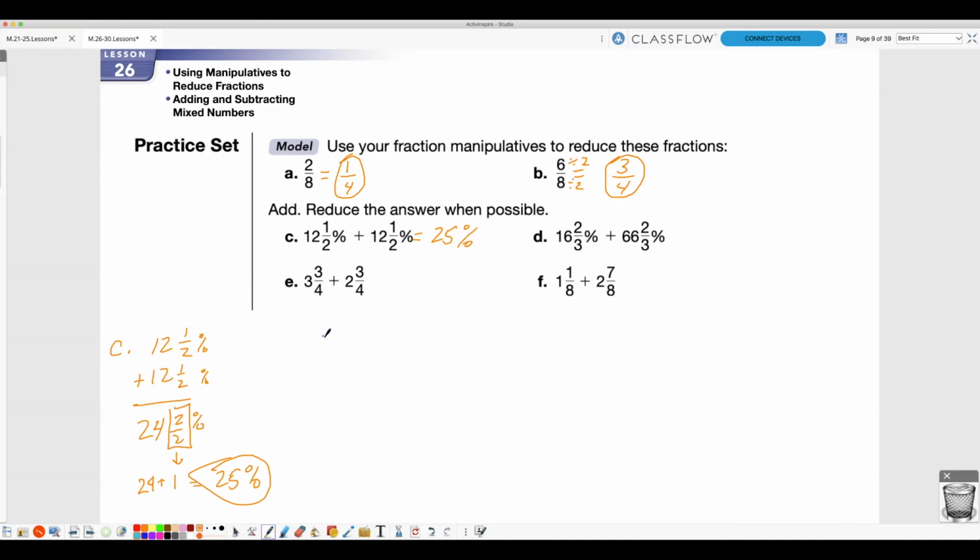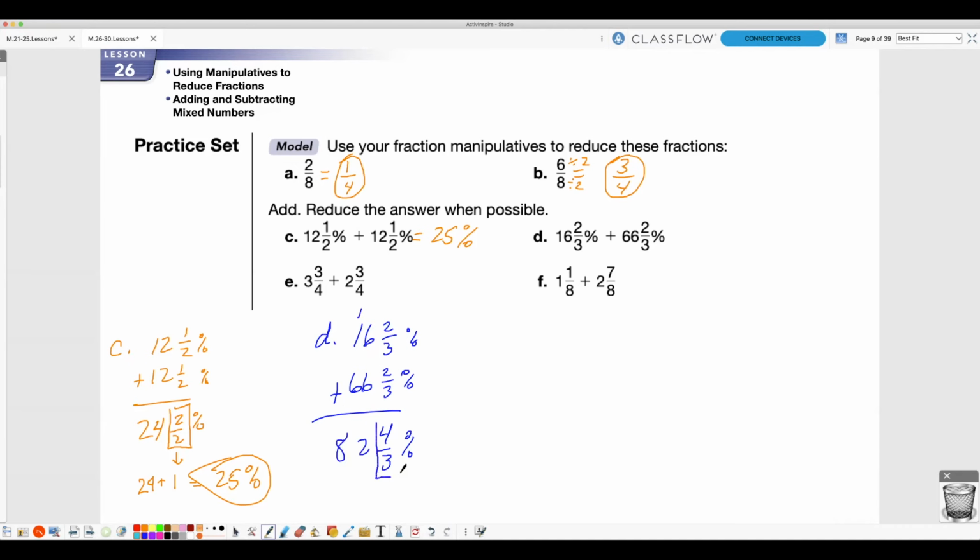So for letter D, you should have 16 2/3 plus 66 2/3, and those are both percentages. If I add the 2/3 together, I get 4/3 because 2 plus 2 is 4. And then 6 plus 6 is 12. Carry the 1. This would be 82 and 4/3.